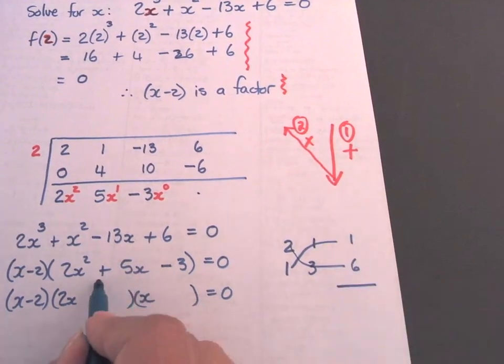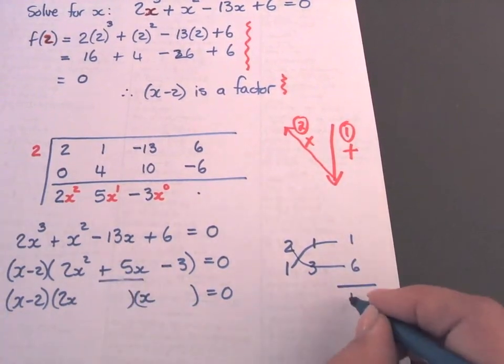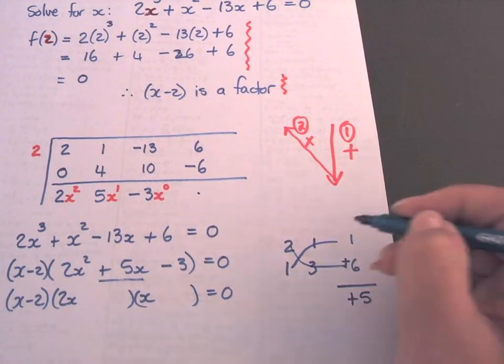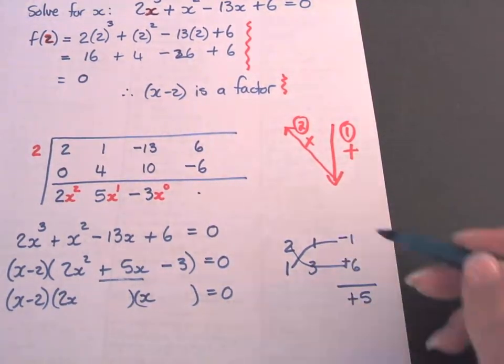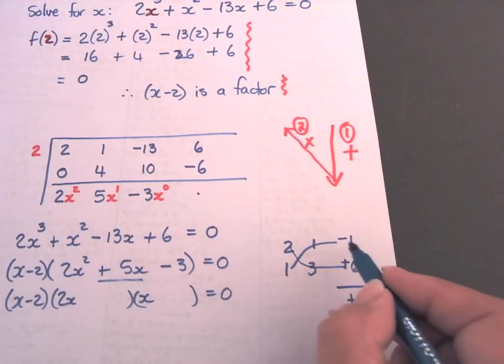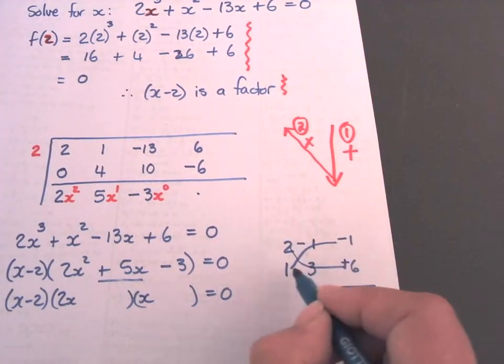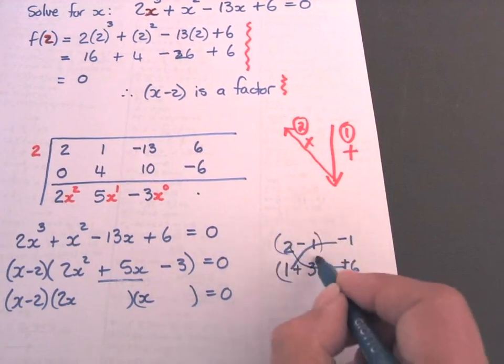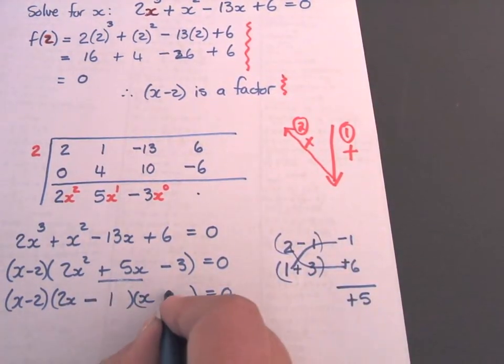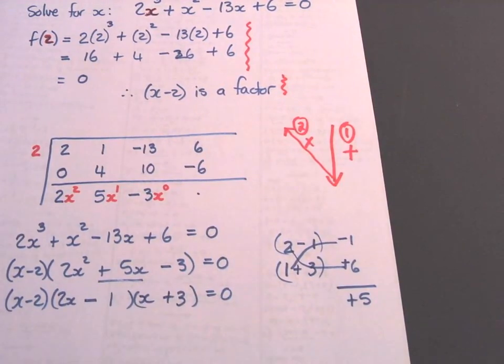And I have to end up with plus 5. So it will be positive 6 minus 1. And the minus times a plus gives me a minus. So I put the minus in the middle, and there are my two brackets: 2x minus 1, x plus 3.